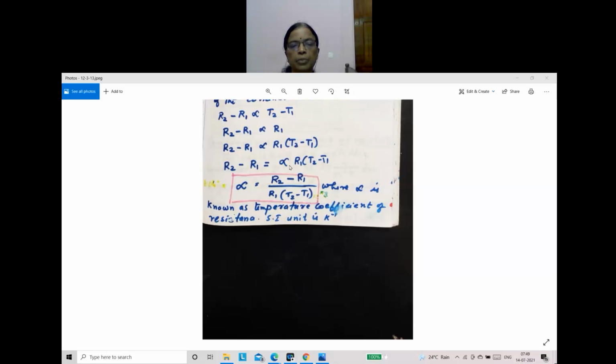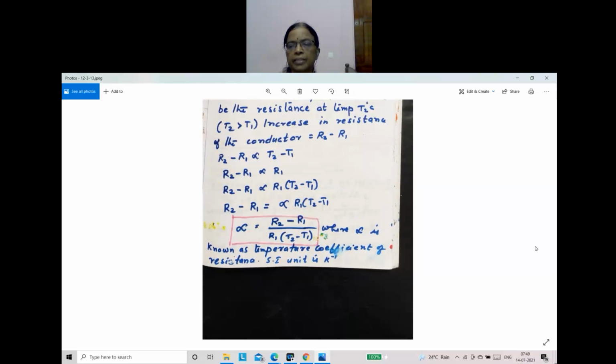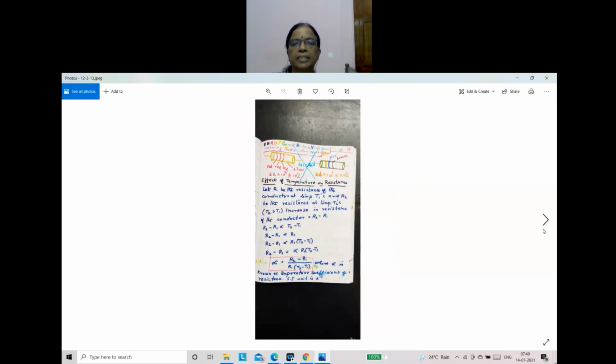Okay, so that is usually a question asked from this part. Alpha is a small positive value for alloys. Why are standard resistance wires made of such material having a small positive alpha value?